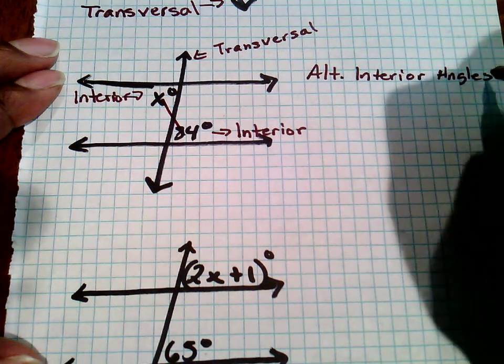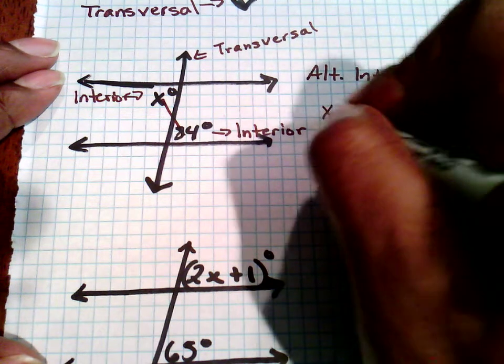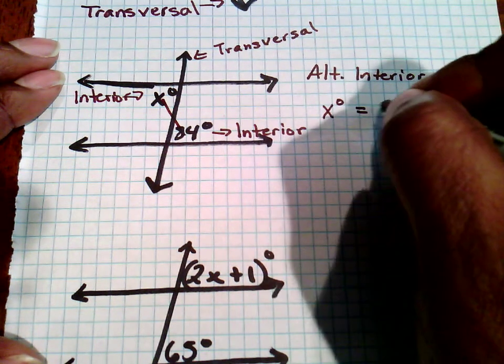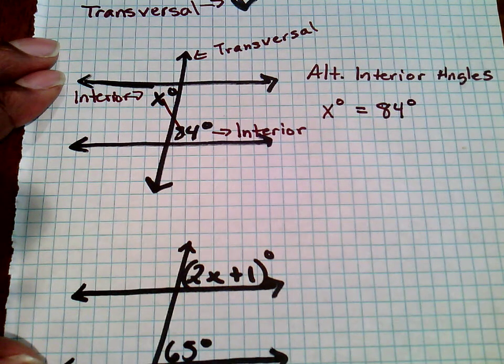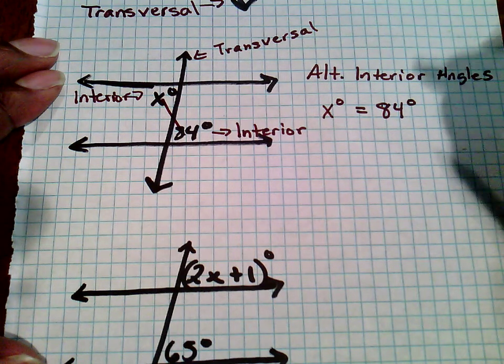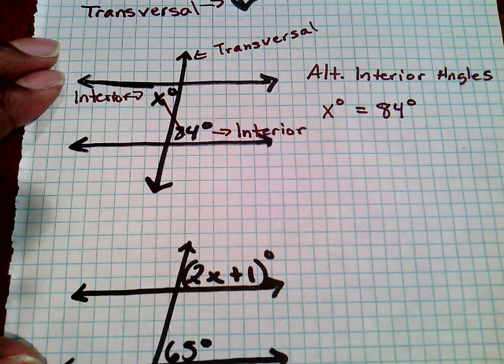And what we know about alternate interior angles is that they are congruent, which means they have the same measure. So that means our x degree angle will be equal to the 84 degree angle, and therefore our problem is solved. So x is equal to 84 degrees by way of the alternate interior angle relationship.